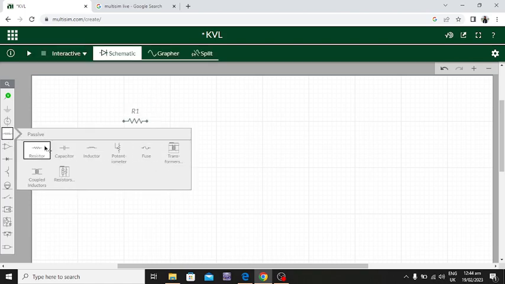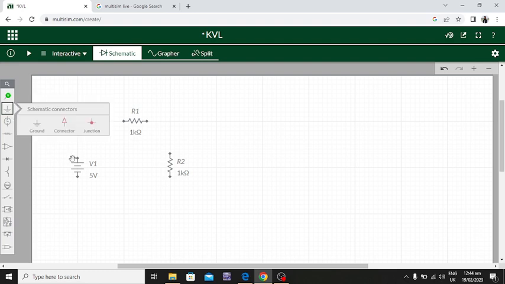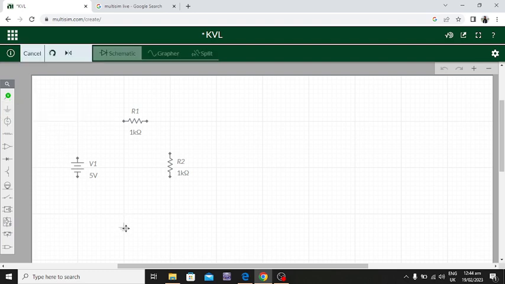You can rotate the resistor to change its angle. And one more thing I want is a ground connection. So all the components have been placed here, and now I will change the values of the components.